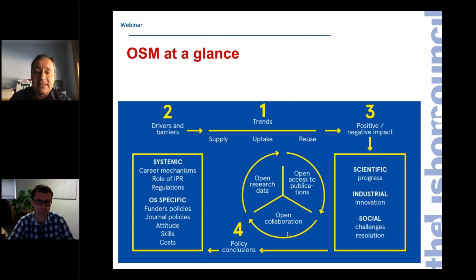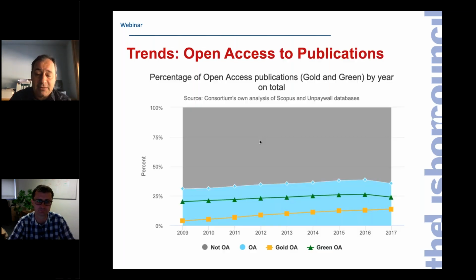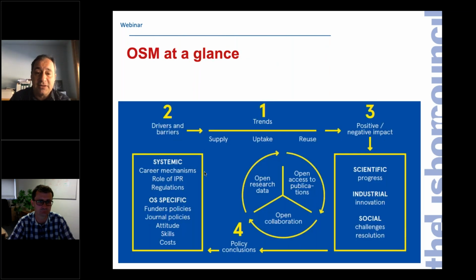Now, we not only look at the central part, so at the uptake of the practices, but we also look at the drivers on the left. Drivers can be open science specific, can be mandates by funders and by journals, but can also be systemic. And this is a bit what we are looking at today.